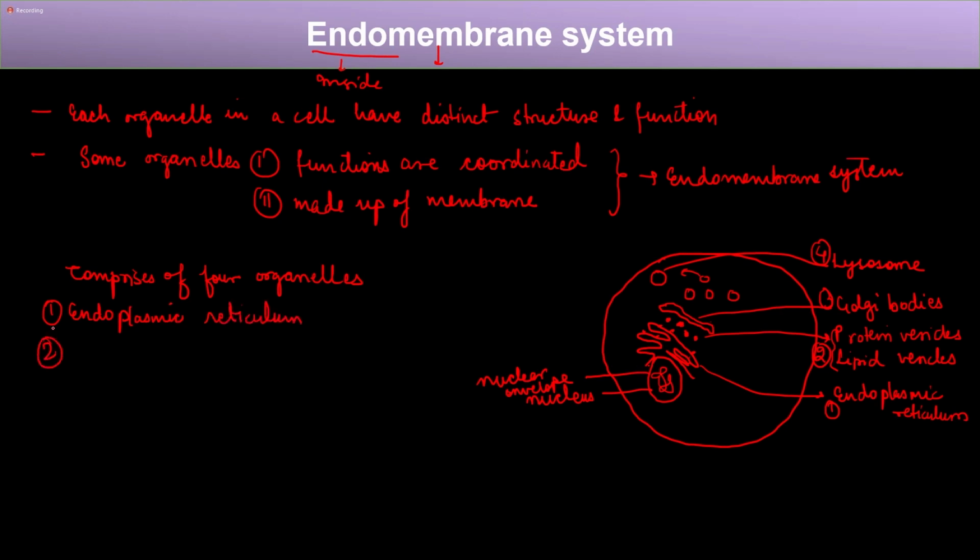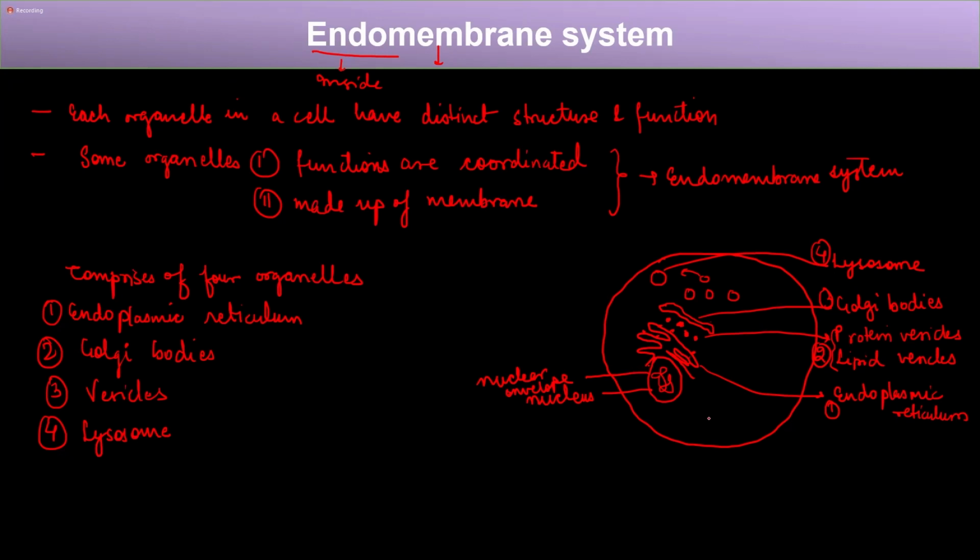The second is the Golgi bodies. The third is vesicles, which can be lipid or protein vesicles. And the fourth is the lysosome. So these together comprise the endomembrane system.